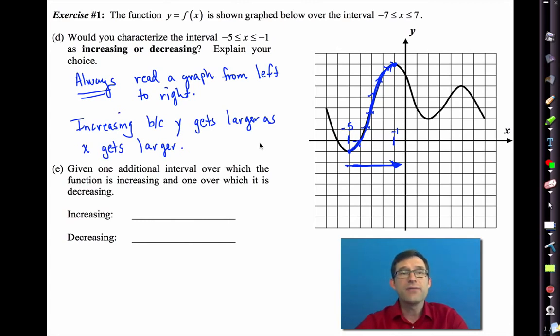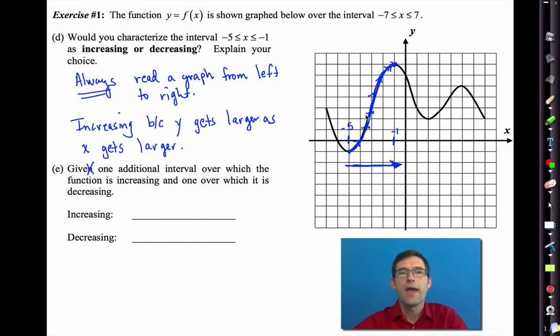Letter E says given, but it should just say give. Give one additional interval over which the function is increasing and one over which it is decreasing. So to give an interval over which the function is increasing, what we want to do is look for another portion where the function is going uphill.